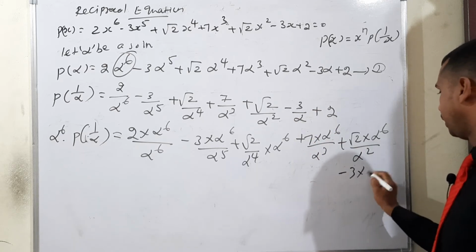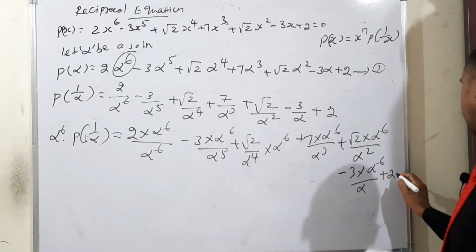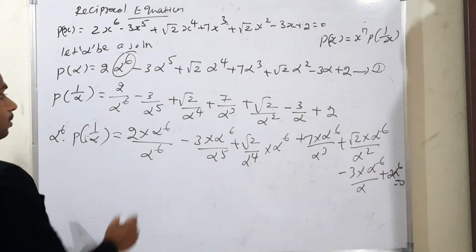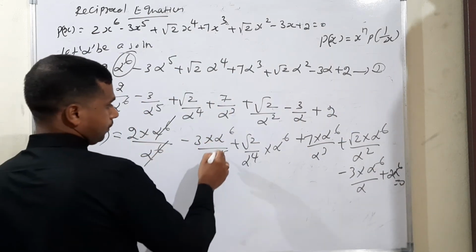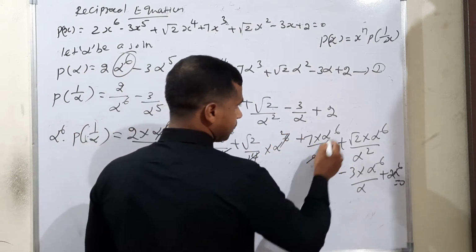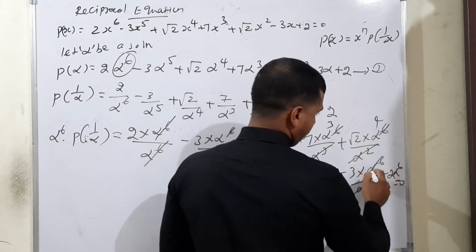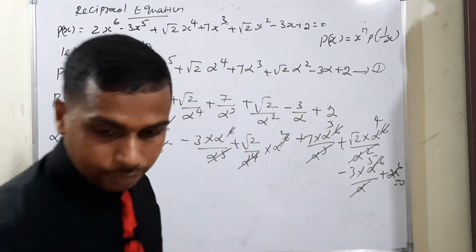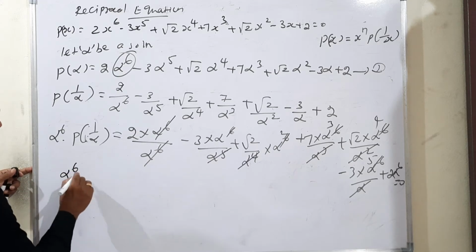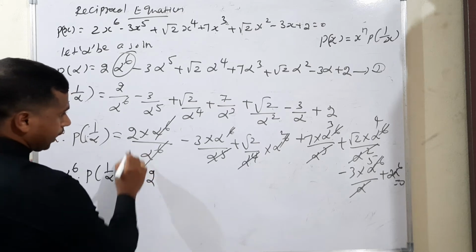Next, minus 3 into alpha power 6 divided by alpha, plus 2 into alpha power 6. So what cancels? Alpha power 6 cancels with alpha power 6, 5 with 5, 4 with 4, 3 with 3, and 2 with 2, and the last term remains as it is, isn't it?